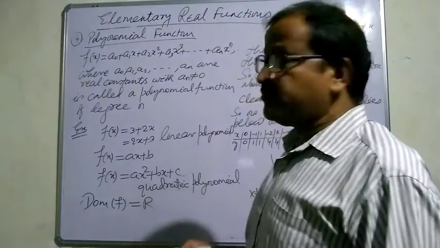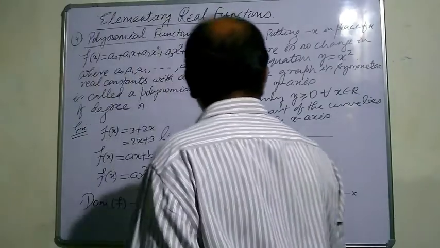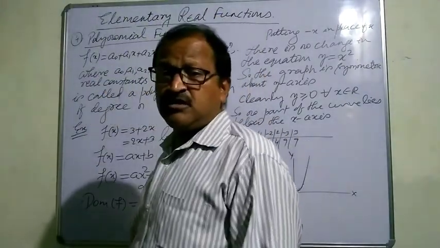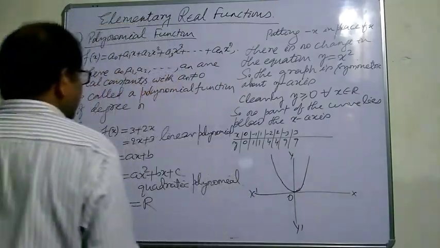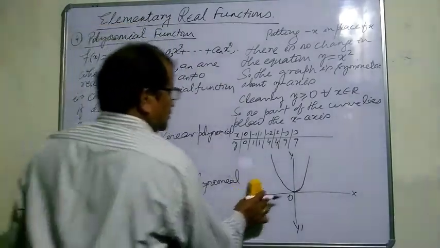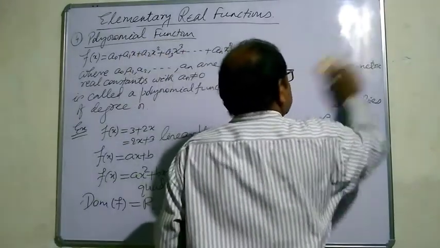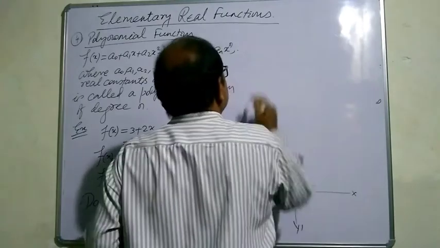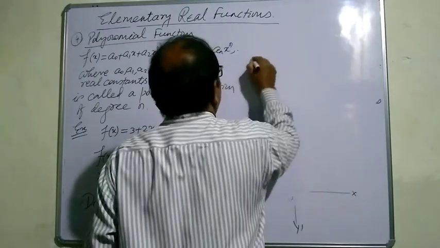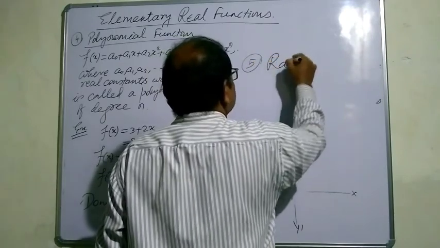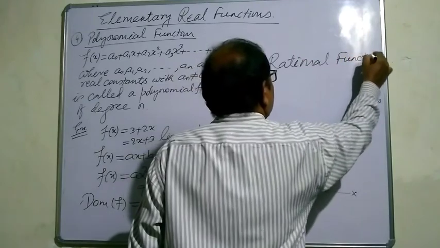Okay. So this is about your polynomial function, and there is another function, the rational function, the fifth function.